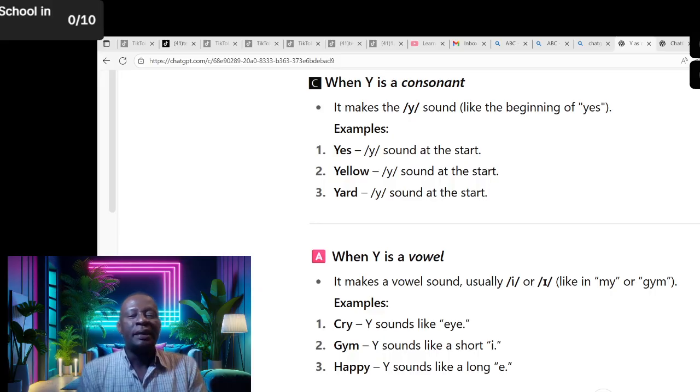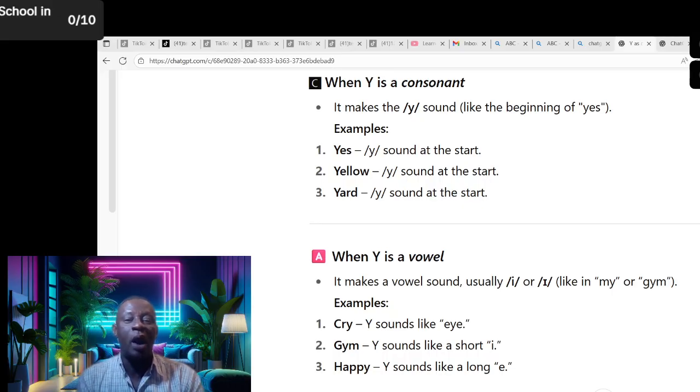So now let's go to when Y is a vowel. It makes a vowel sound, usually I. Let me check it first. Okay, let me say it again.